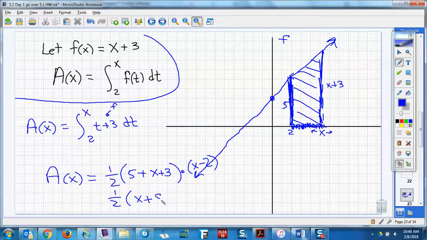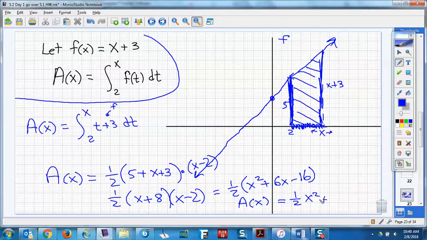This is x plus 8, and this is x minus 2. So FOIL would tell me that that is going to be x squared plus 6x minus 16. And then if I distribute that 1/2 through there, that tells me that it's 1/2 x squared plus 3x minus 8.